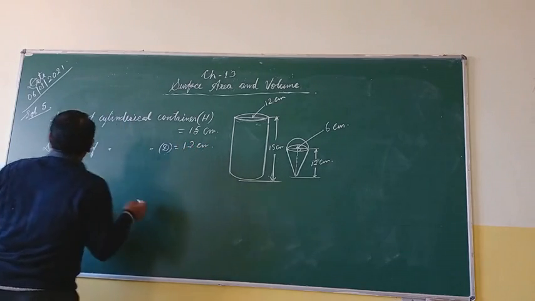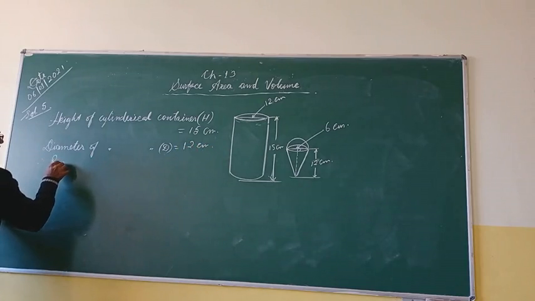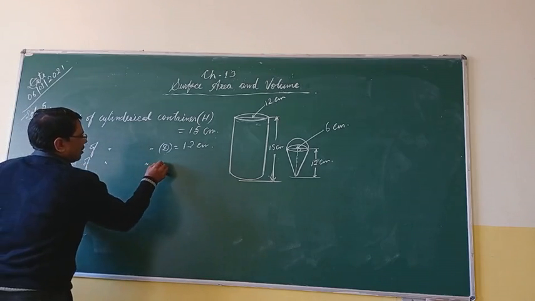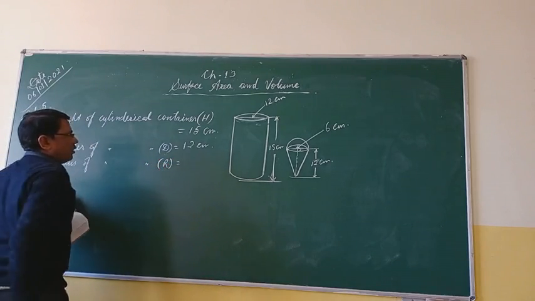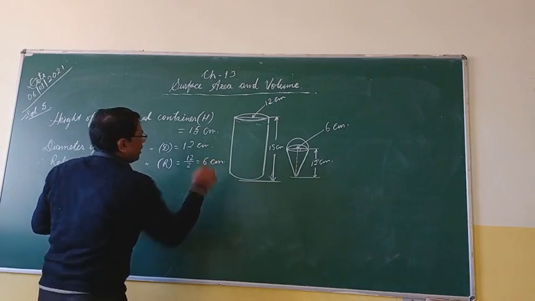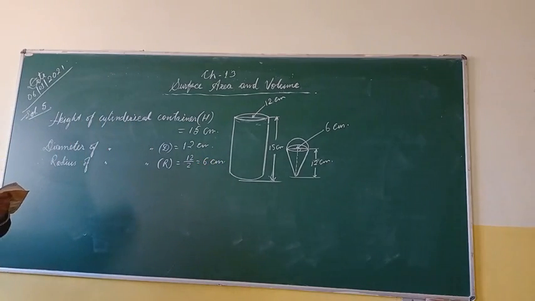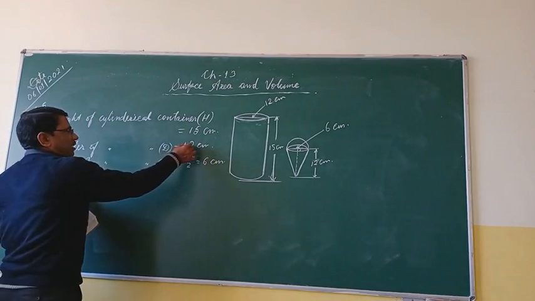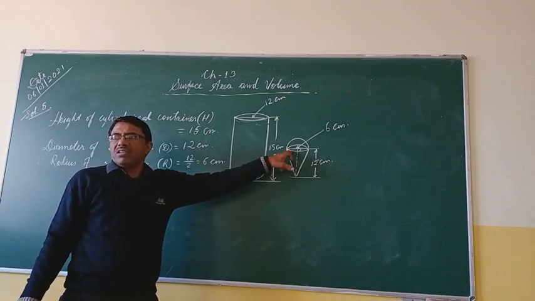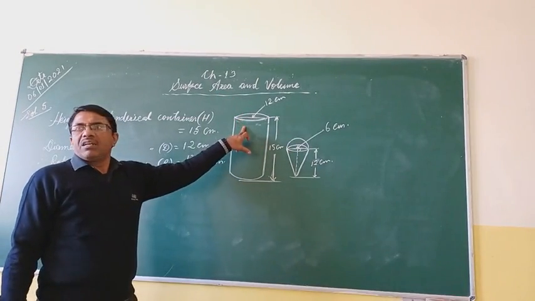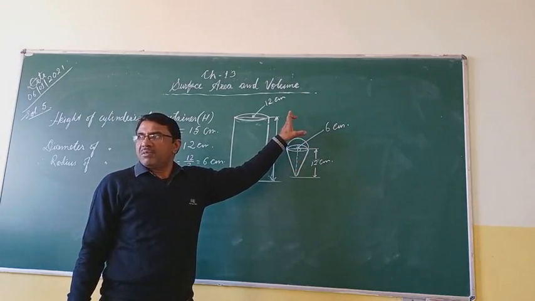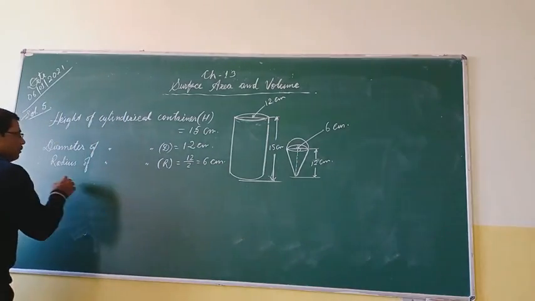Therefore radius of the container, capital R, is equal to 12 by 2, which is equal to 6 centimeter. Got it? Diameter was given 12 centimeter. I am taking a capital D because two diameters are given here, one diameter for this container and one diameter for this cone and also the hemispherical shape, 6 centimeter.